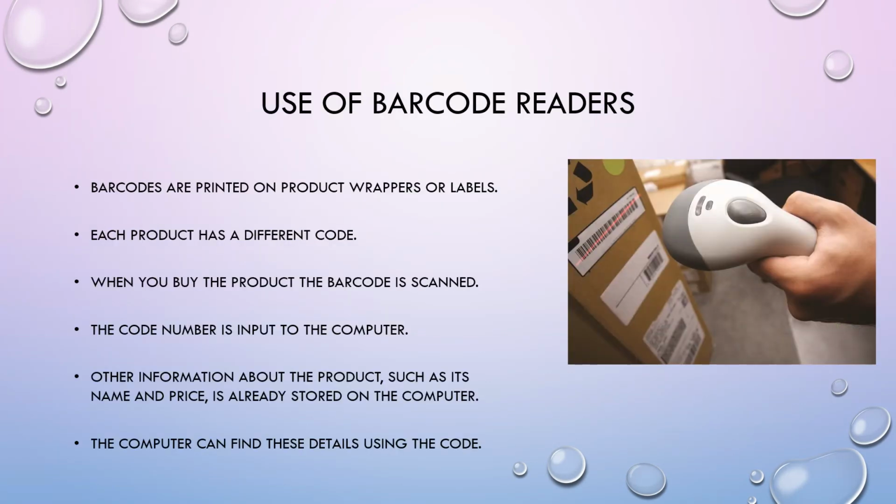Now, when you buy most things, not everything, but most things have a barcode on the label or actually printed on the box of the product. Okay, now each product, although you might not be able to tell by looking at the barcode, the code that the barcode represents is different. All right.